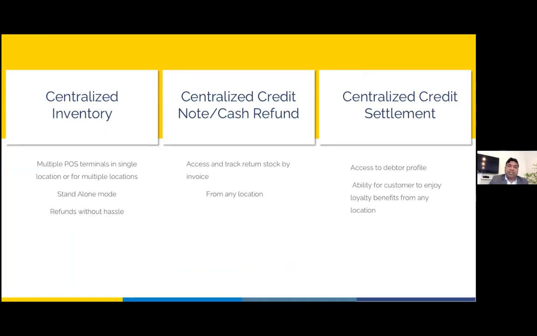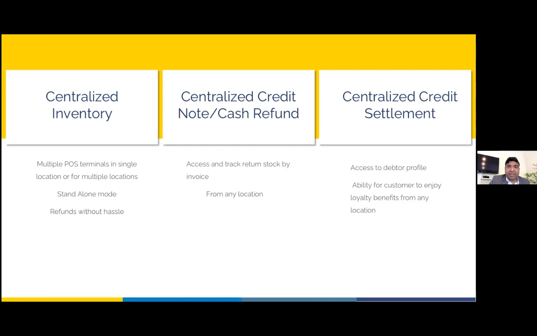So with the centralized POS modification, there are important changes. To begin with, the inventory of the entire organization is now real-time and integrated. This is very useful if you have multiple shops or multiple terminals within a single shop.